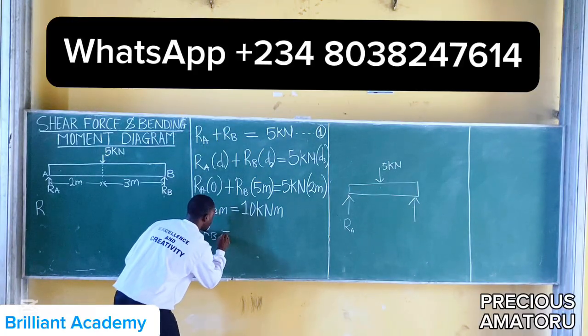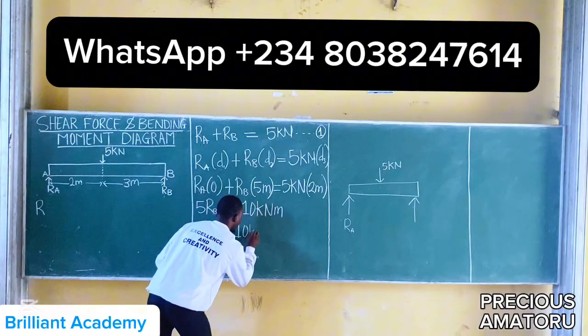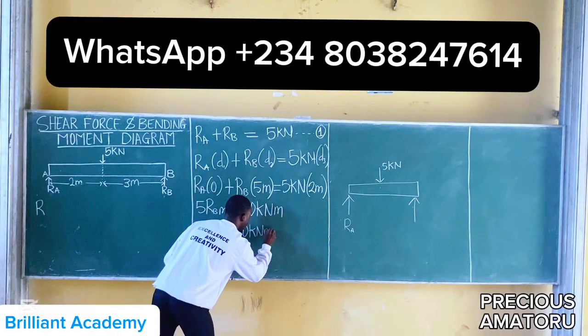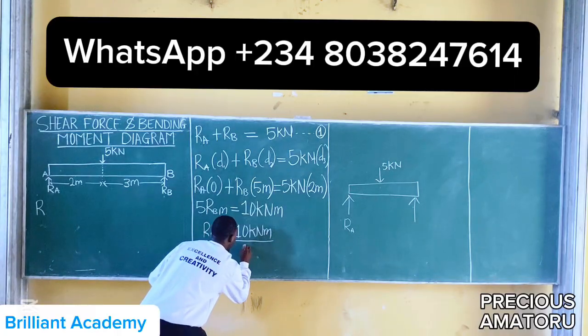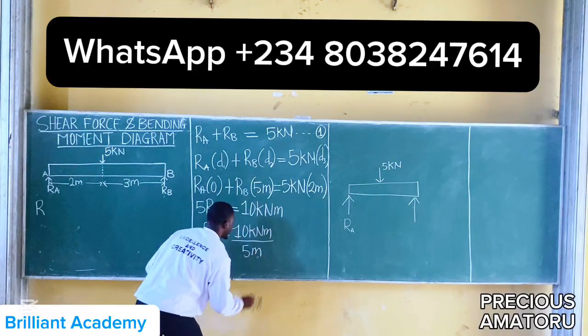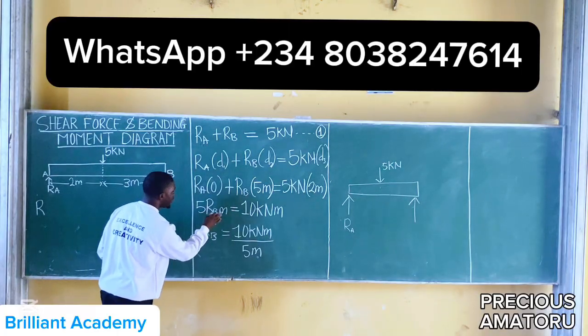So RB will be equal to 10 kilonewton meter all over 5 meters. So we have 5 multiplied by RB in meters.